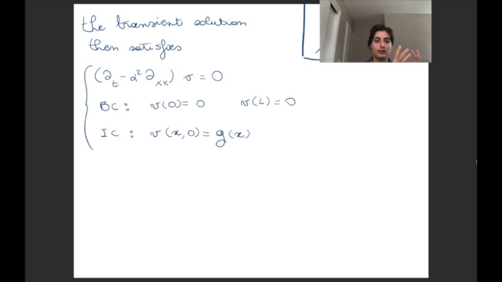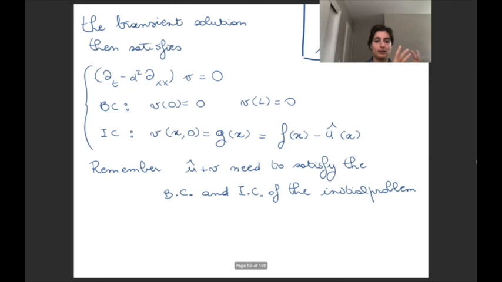And it needs to satisfy an initial condition. What initial condition do we need? Well, it's the global initial condition of the PDE minus the steady state solution, because the steady state solution doesn't depend on t, so it's going to be there at time 0.